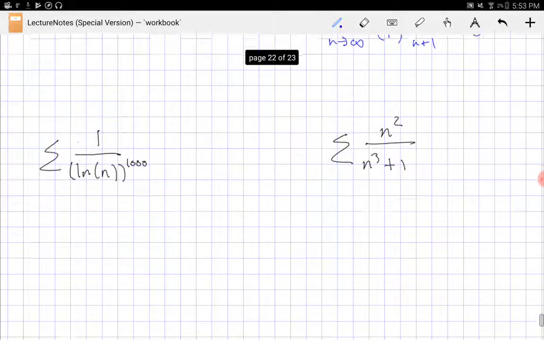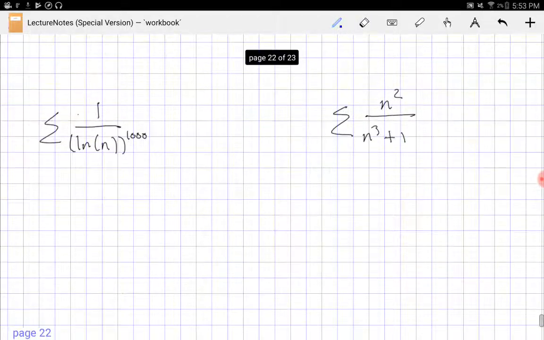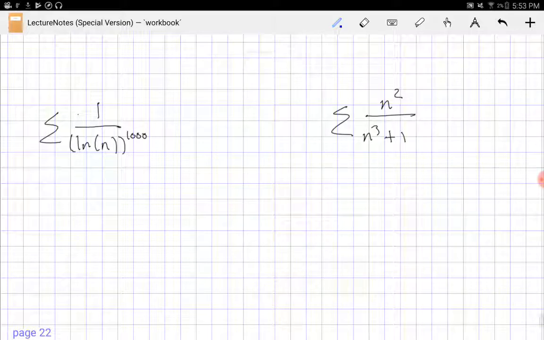In our next example, we have some ln's. And so the rule of thumb for ln's is to use the integral test. So let's integrate 1 over x times ln x to the 1000, dx, because now it's a continuous function.